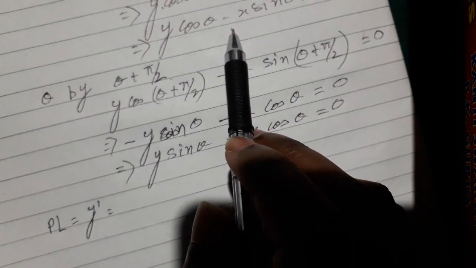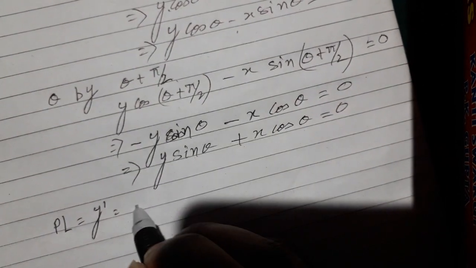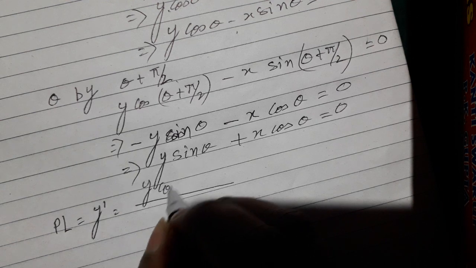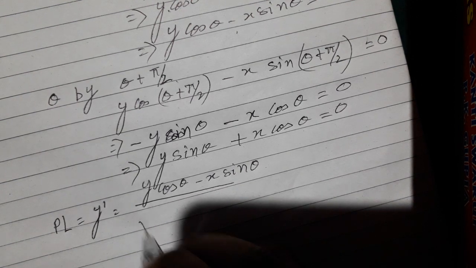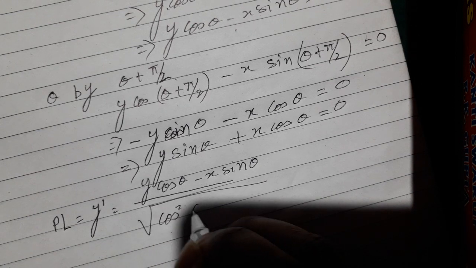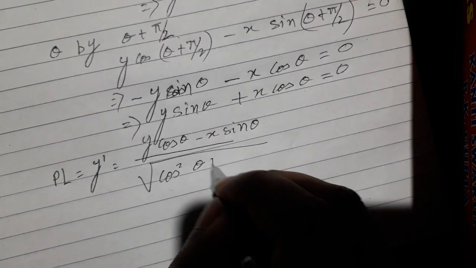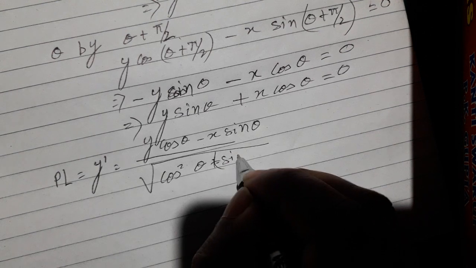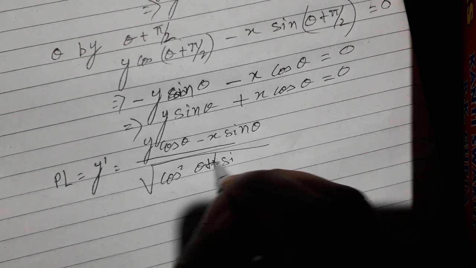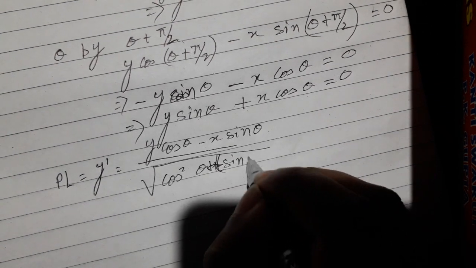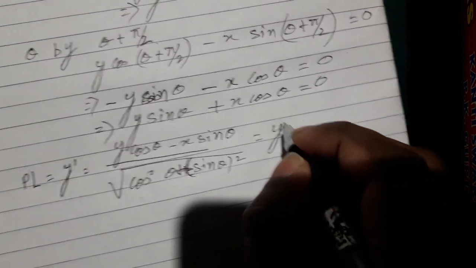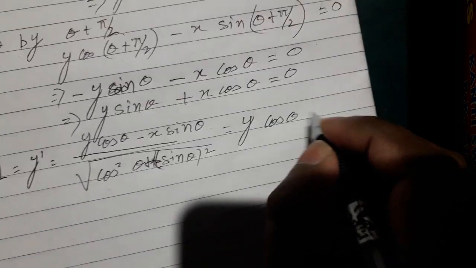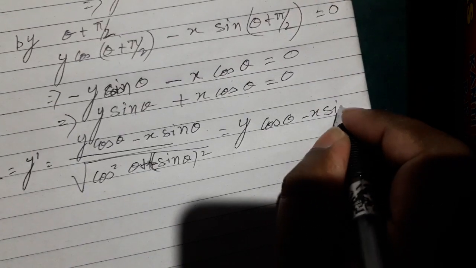From here we find the perpendicular distance: y cos theta minus x sine theta, divided by the square root of cos square theta plus (minus sine theta) whole square. So this gives y cos theta minus x sine theta.